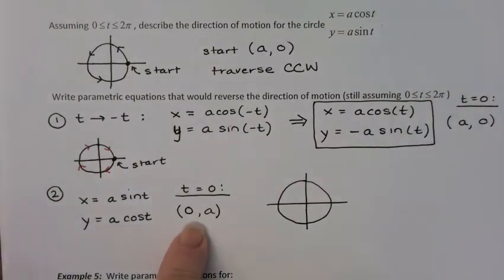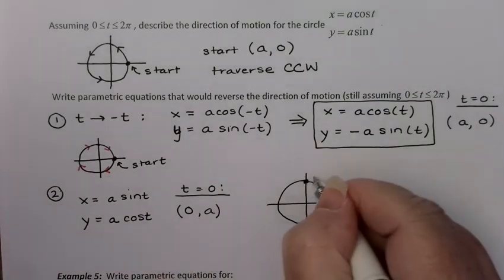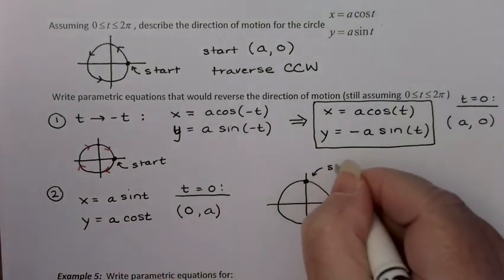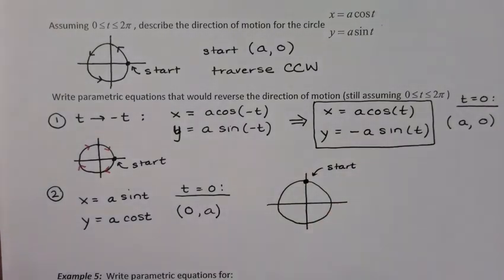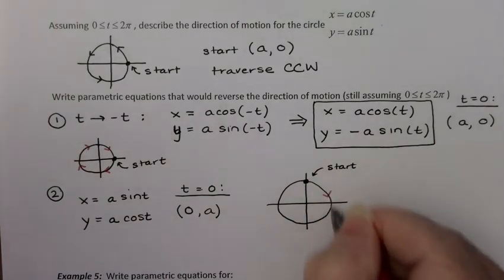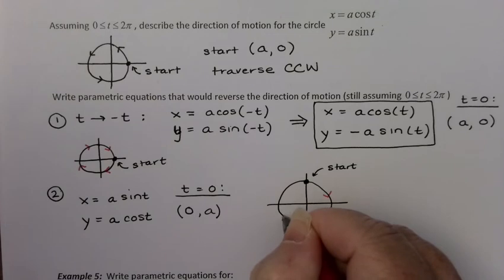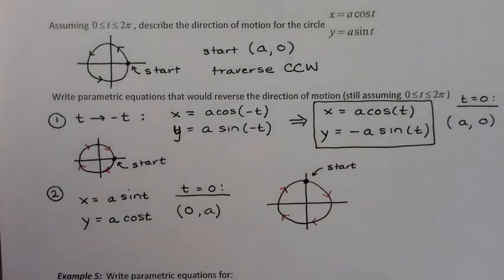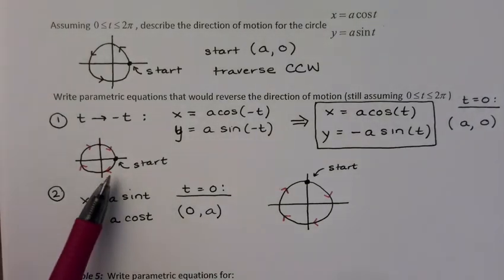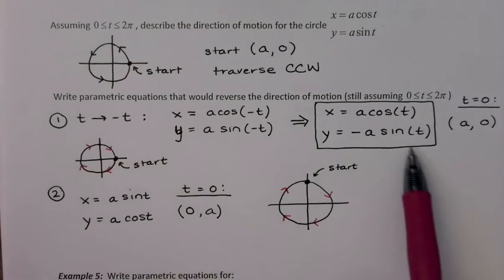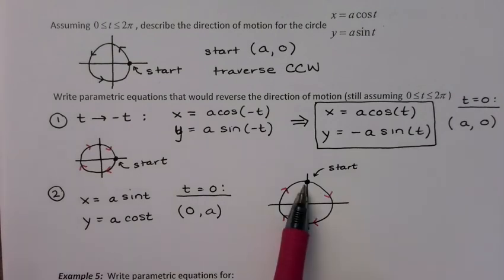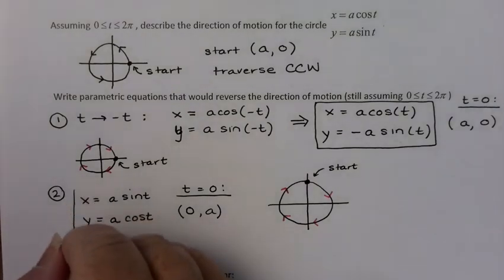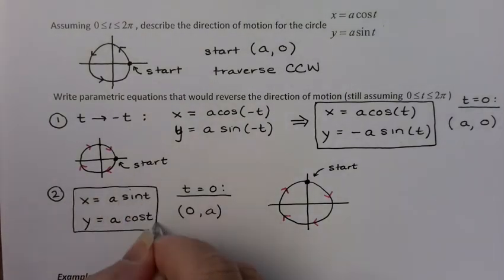So this time I start up here at the point (0, a) before I go around clockwise. So two ways to get clockwise motion, depending on where you want your starting point to be. If you want to start on the x-axis, I would suggest using this method. If you want to start on the y-axis, I would suggest using that one. They both work. They just have different starting points.